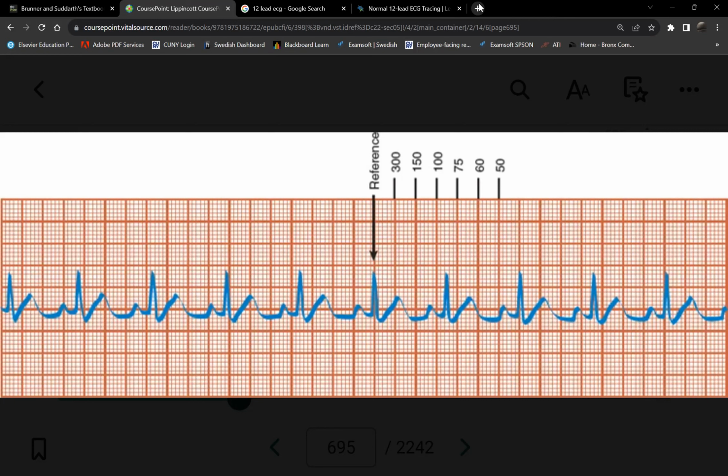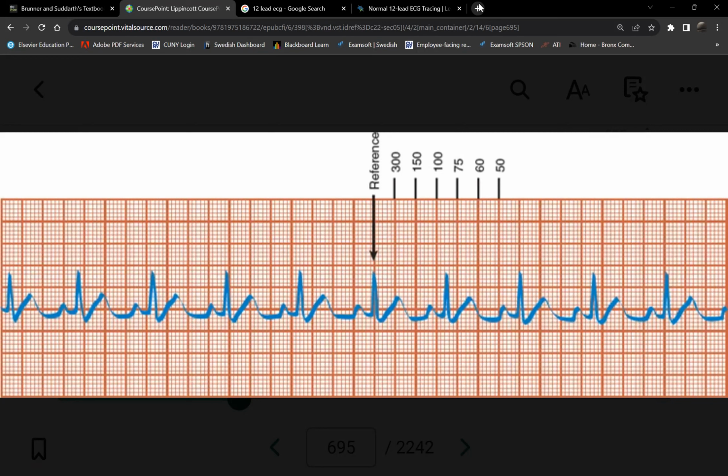There are 1,500 small boxes. How about big boxes? There are 300 big boxes in 1 minute, right?